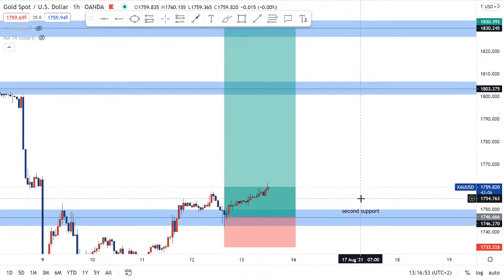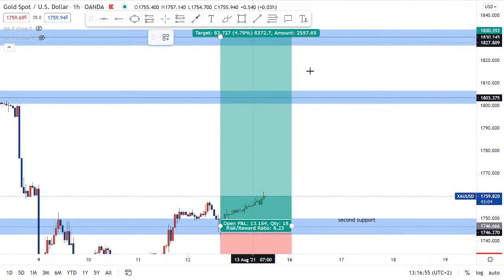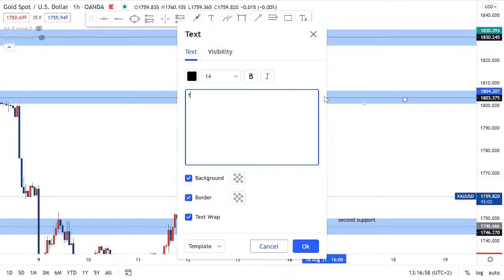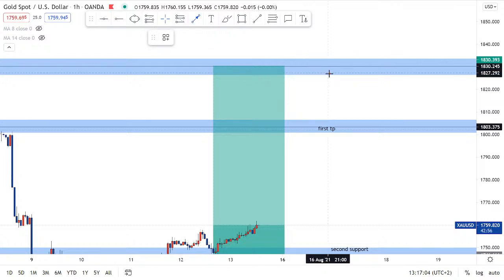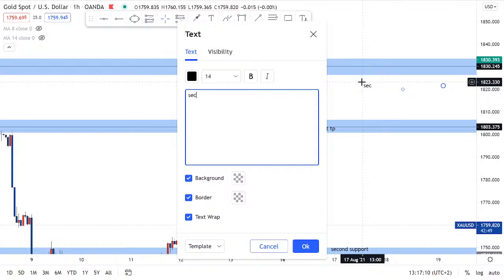So listen, guys, firstly, this is gonna be my first TP, and this here is gonna be my second TP.